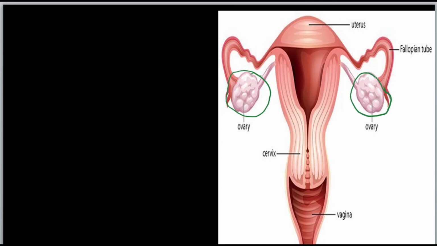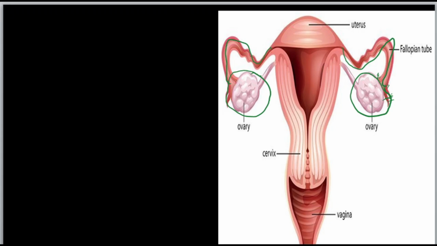These are the structures. Then a pair of fallopian tubes. These are the fallopian tubes which connect the ovary to the uterus, and there remains a gap in its end, the fimbriae, which overlie the ovary and pick up the ovum during the time of ovulation.